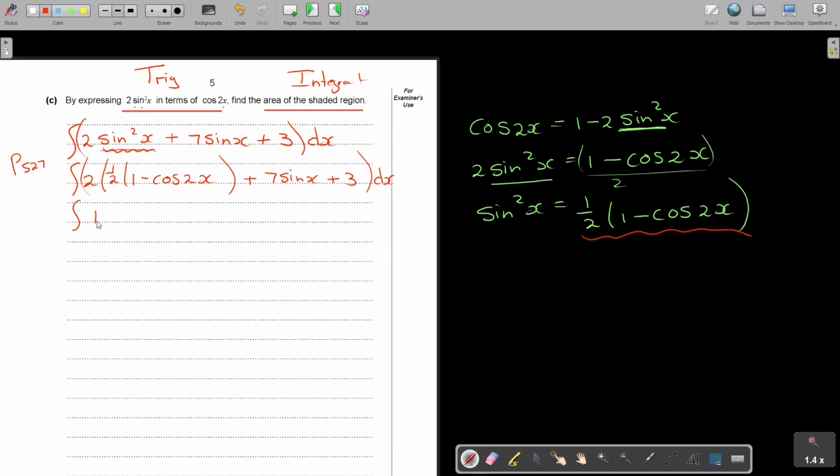I didn't integrate yet. Do you see that? I'm just getting it ready for integration. And I even simplify further. You don't have to put all the steps, I'm just doing it for the video. So it's 4 minus cos 2x plus 7 sin x dx. Okay, now I'm ready to go and I'm going to integrate.